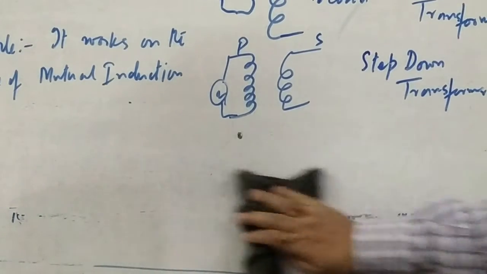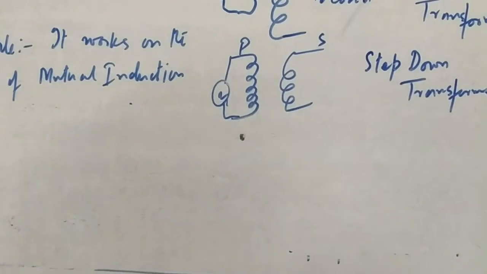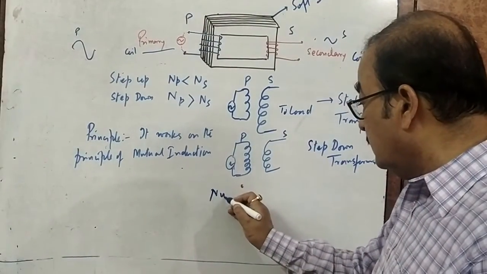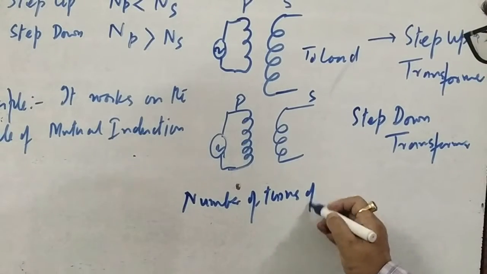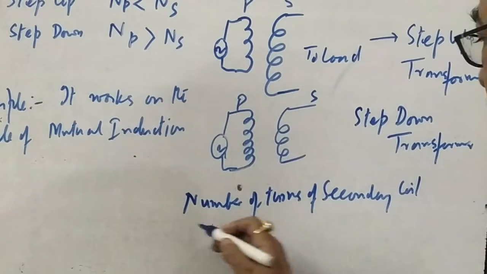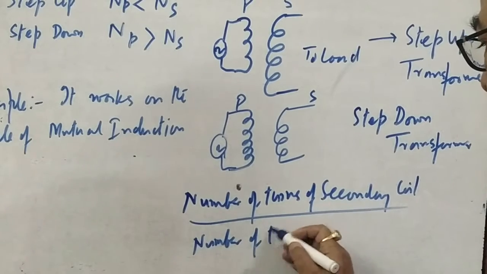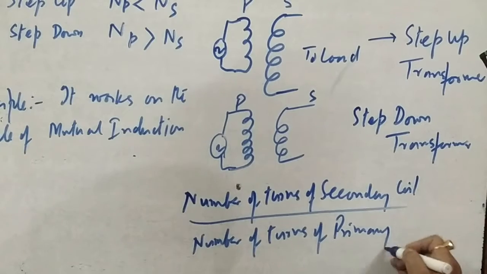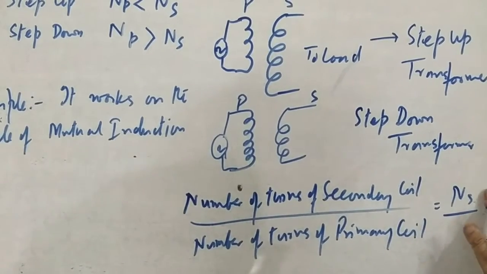Okay, and after this, what is left here is the turn ratio, that is the number of turns of secondary coil upon number of turns of primary coil. We write it as NS upon NP.